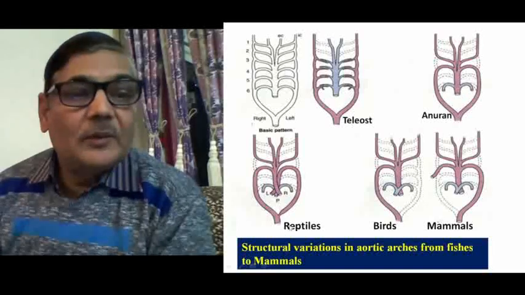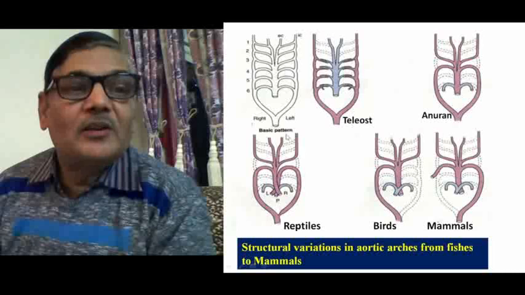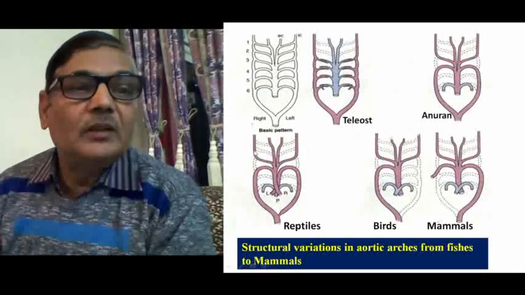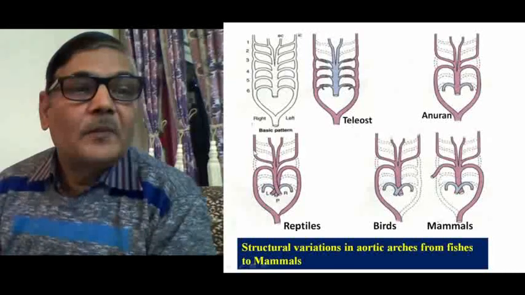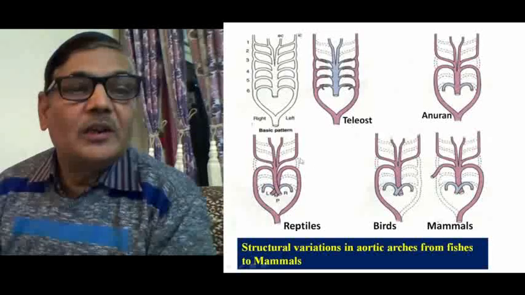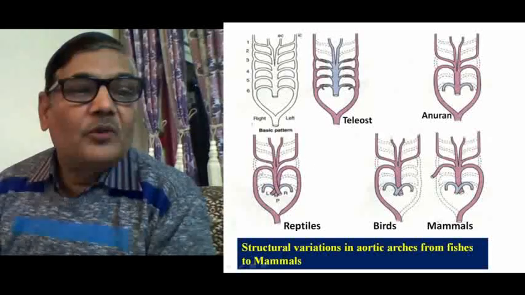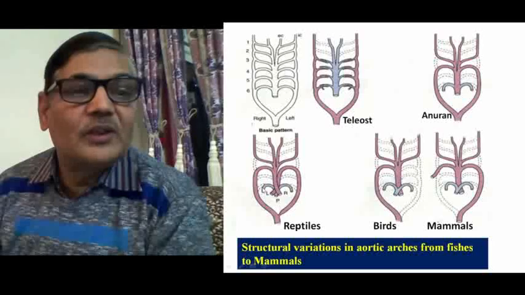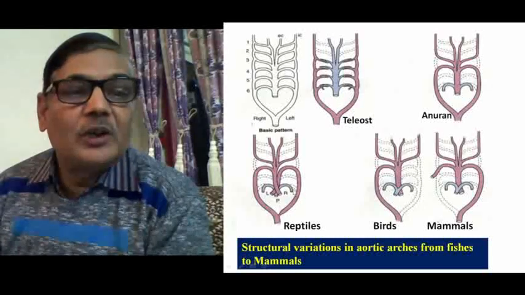In case of reptiles, exactly the same pattern you can see here. The third one is in the form of carotid arteries. Then the fourth one is in the form of right and left systemic arteries. And then there are pulmonary arteries, which are actually the sixth aortic arches, that is right and left pulmonary arteries.